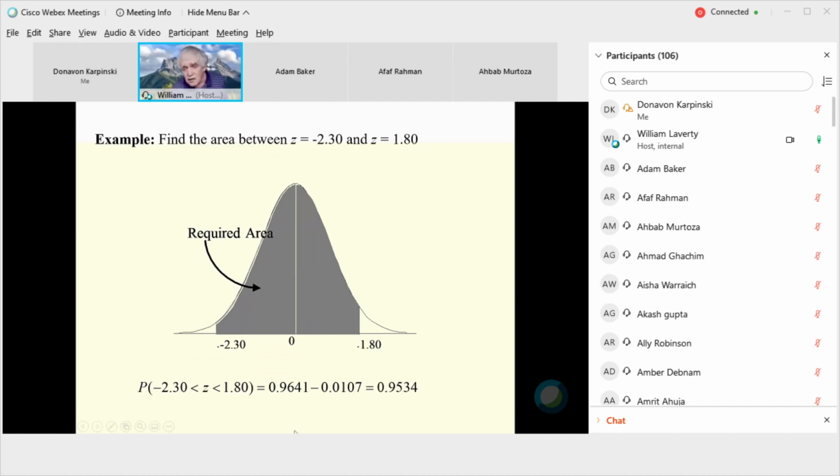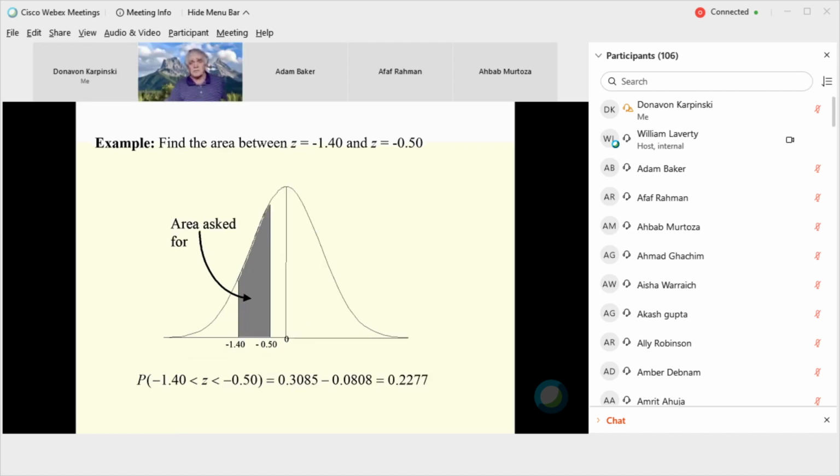This is 1.80 here, and this is minus 2.30. If you look up 1.80, you get 0.9641. The area below minus 2.30, you have to subtract off. That's 0.0107. So the area in between is the difference in those values.